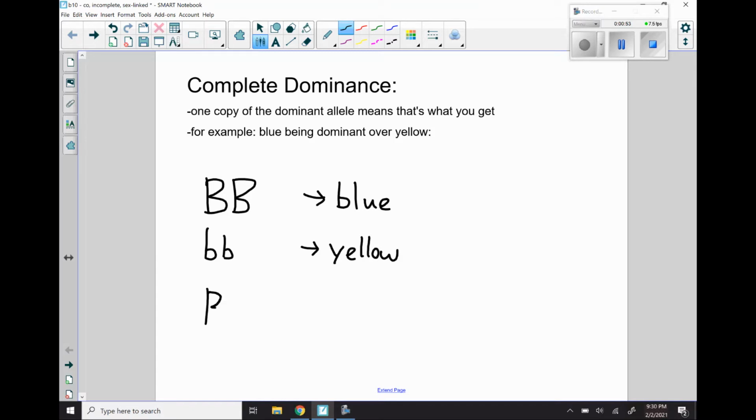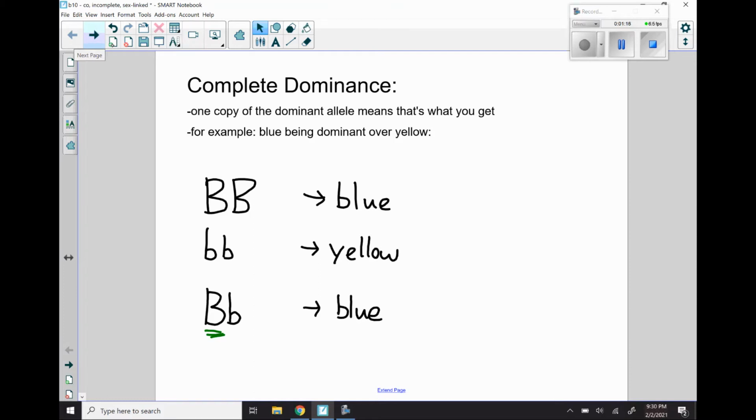Or if you had one dominant allele and one recessive, you would still exhibit the phenotype of the dominant trait because that one wins out. But that's not always the case, and not every characteristic is quite so simple.